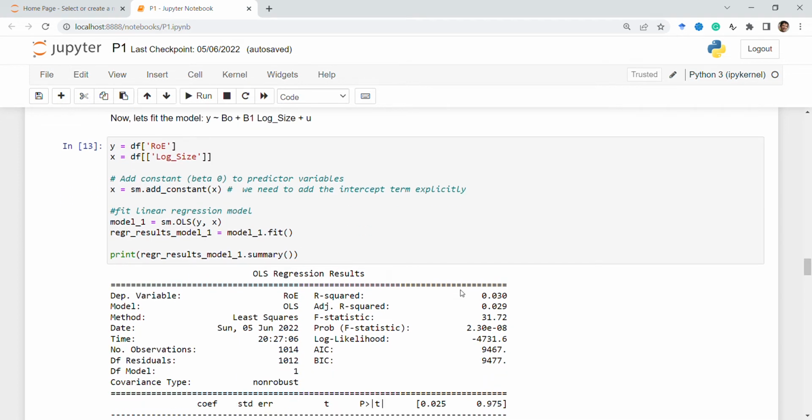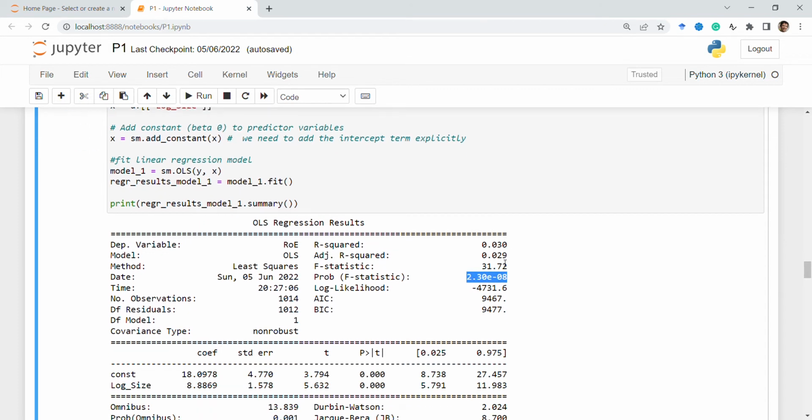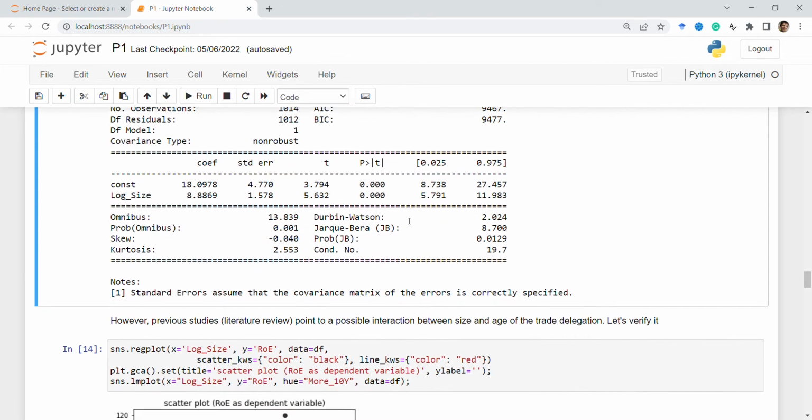The R squared is not especially good, it is only 3%, but the p-value is very small, so it is explaining something, not too much, but it explains something. And let us see if we can do it better.